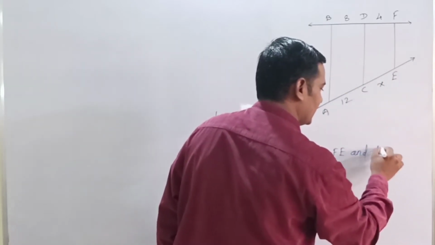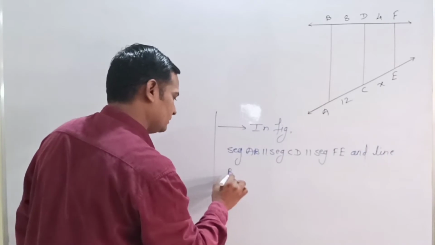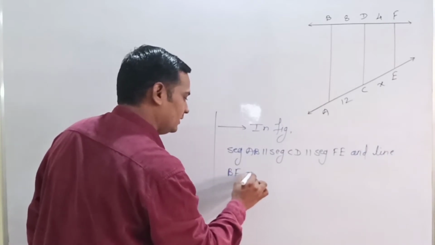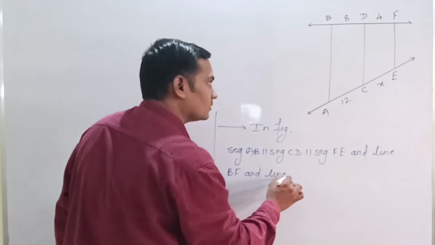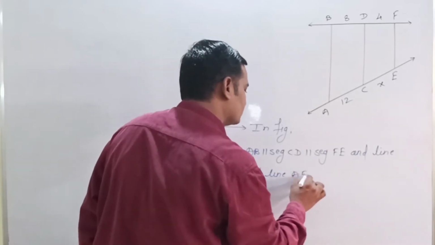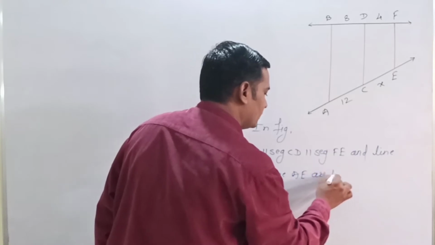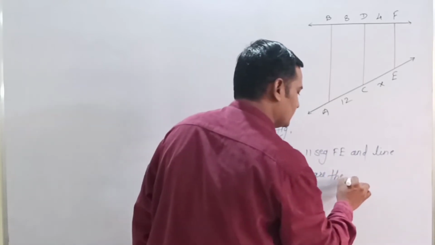Line BF and line AE are the transversals.